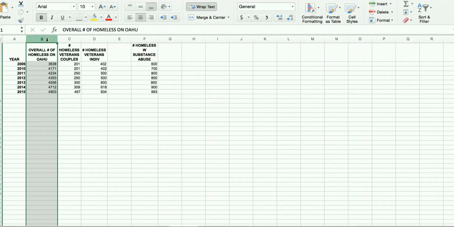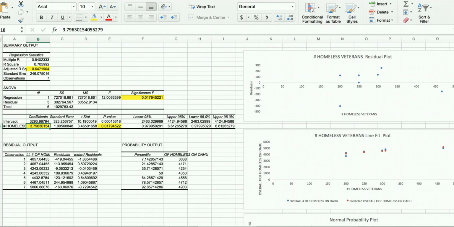So first I'll try to predict homelessness count based on the number of homeless veterans couples. And I went to data and I ran the analysis and it came out with this. So you see my residual plot here shows that maybe I don't have the strongest data here. It's kind of all over the place a little bit, not really clustered decently, not distributed decently.